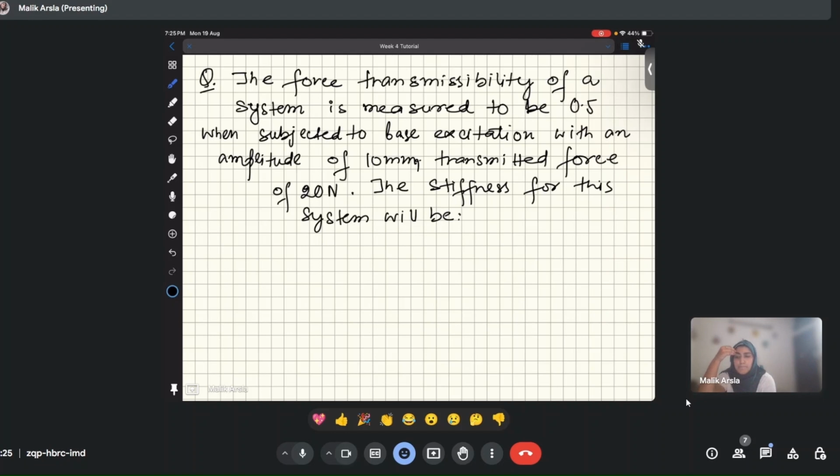Now that will be equated to the basic formula, square root of (kx) square plus (c omega x) whole square. Since there is no damping, everything will be taken care of by the spring only. So I will equate Ft is equal to kx or ky. The amplitude is given as 10 mm. So from this I can calculate k. Yeah, that is correct.